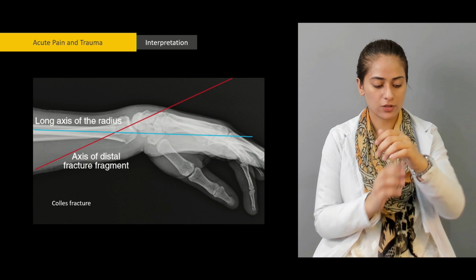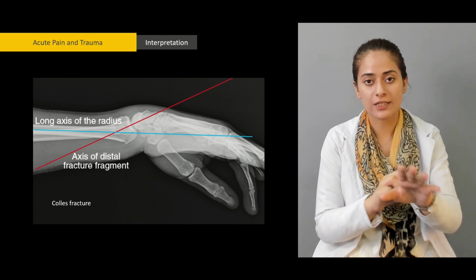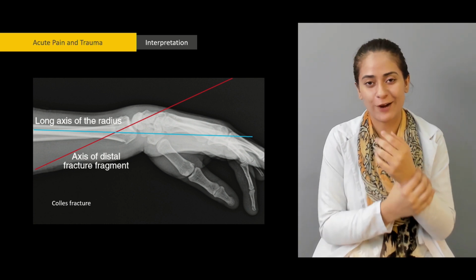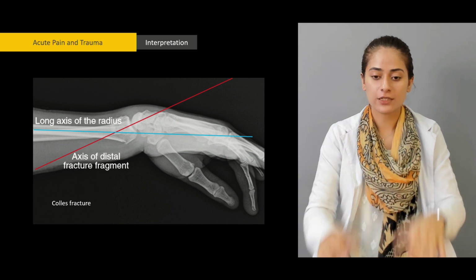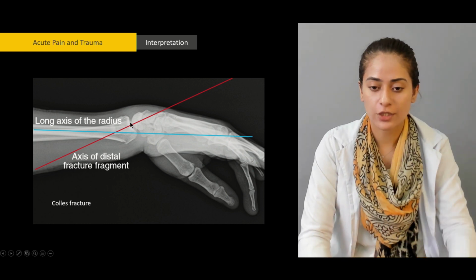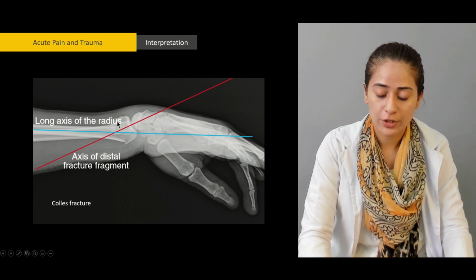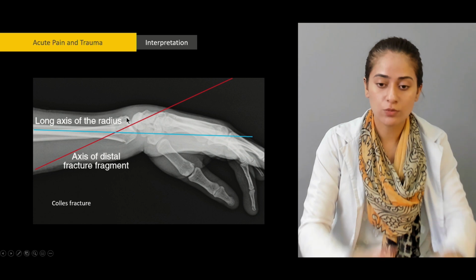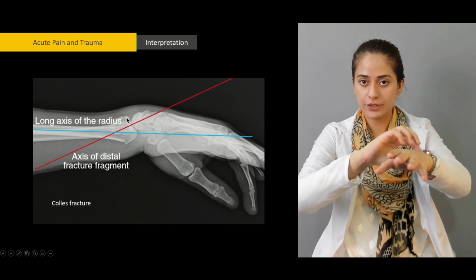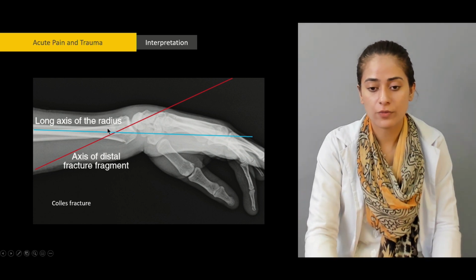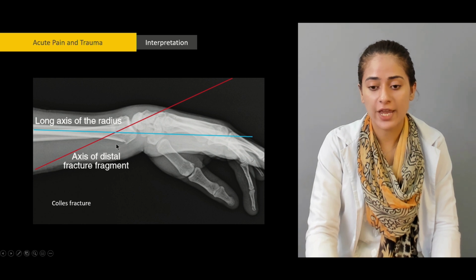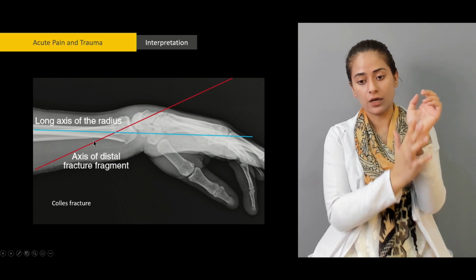Obviously I can't demonstrate that because I don't have a fracture here right now. But if I did, let's just explain it here. What happens is this fracture site will appear in a way that this will be moved downwards. So it will actually impinge any structure that is passing through here.